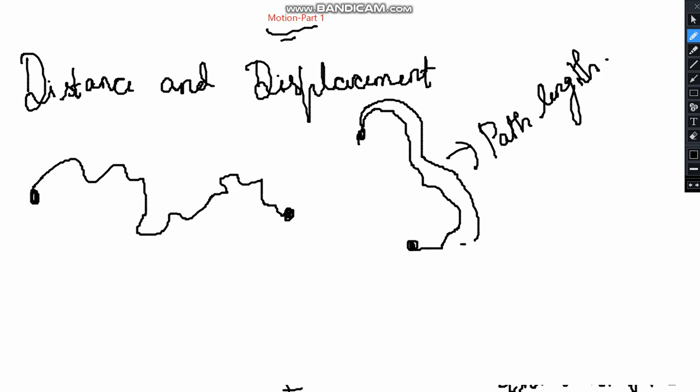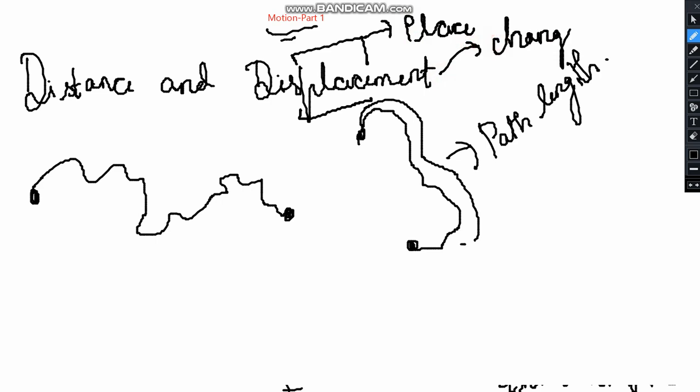Now, if you look at displacement, it is about the place. In the wording itself, we can understand that the word place is used. So, according to us, displacement is basically change in position. That is very important to understand. It is basically change in position.